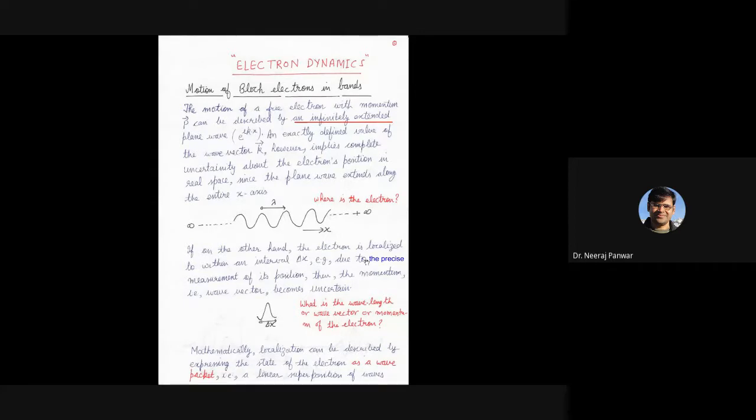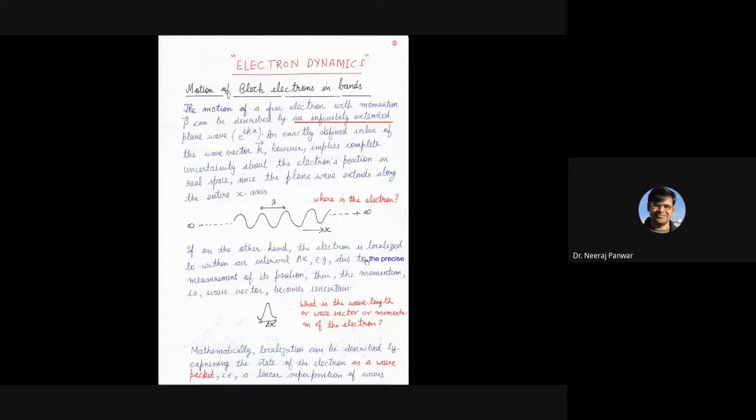It is a very important topic in which we would like to cover many concepts, like the concept of effective mass and how it is going to influence the behavior of electron in a band. We will also study in more detail the concept of hole in a band.